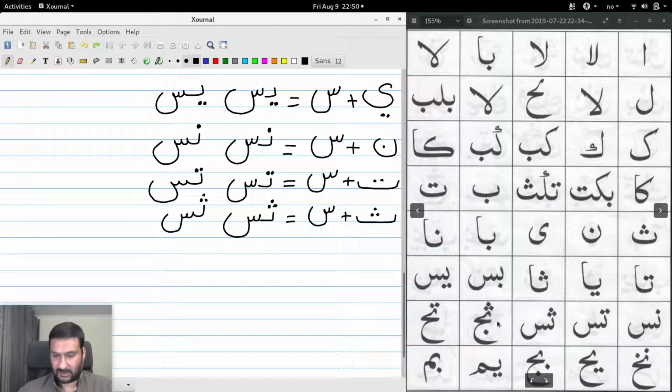Next is Tha and Jim. So this is an interesting combination, Tha and Jim. If you notice here, this first part here, this is Tha and joined with the Jim. And this small little line here, this is just decoration. So we can actually just write the Tha and we join it with Jim.